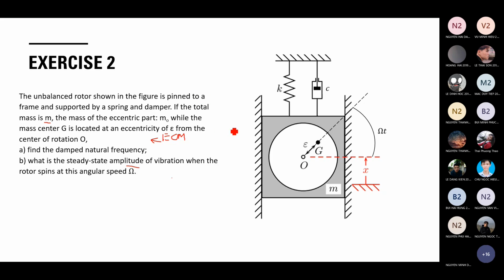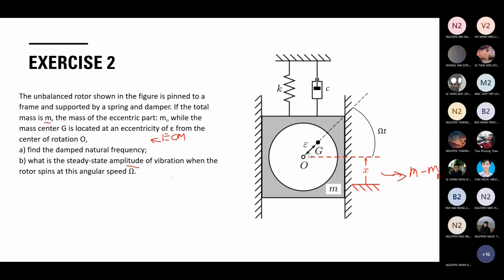For this one, the total mass of the system is m, and the eccentric part has mass m0. So for the mass that is displaced with the displacement h, the mass is m minus m0. In your answer you can take that as m1.